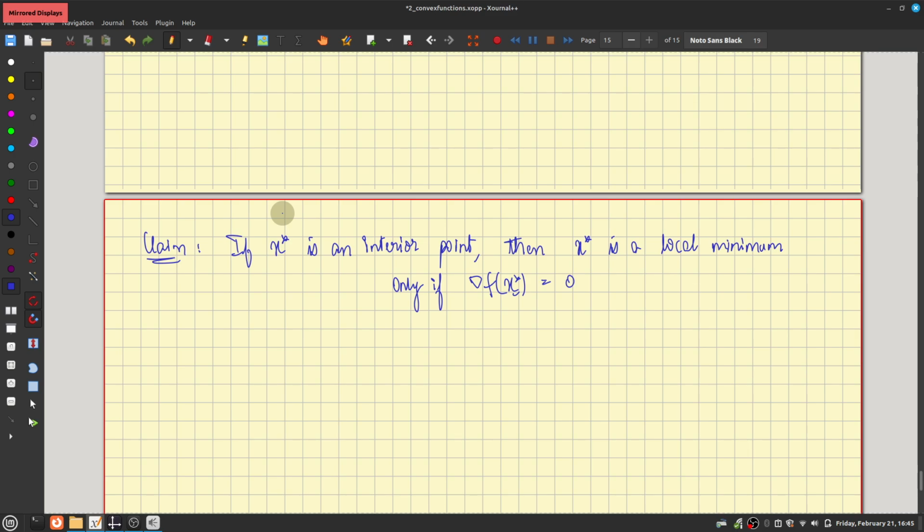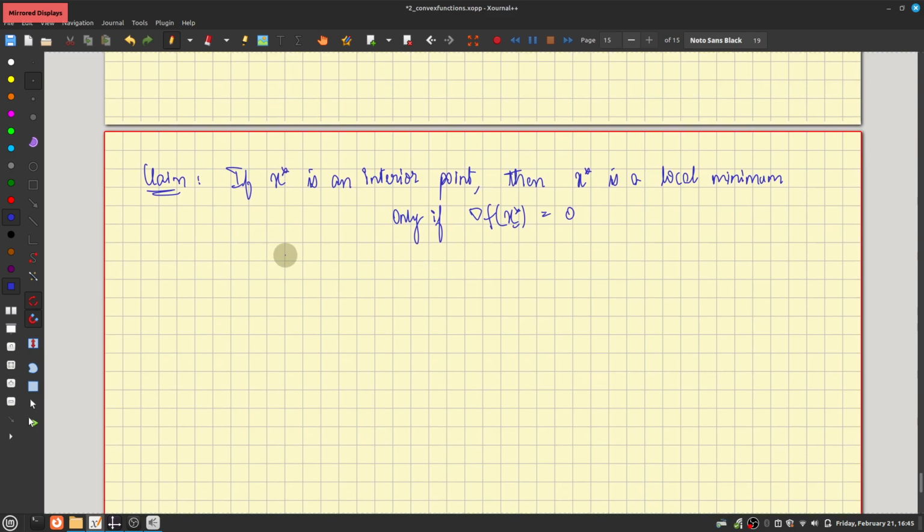We know that along every feasible direction, the directional derivative should be greater than or equal to 0, right? So if x star is an interior point, we know that every v is a feasible direction.